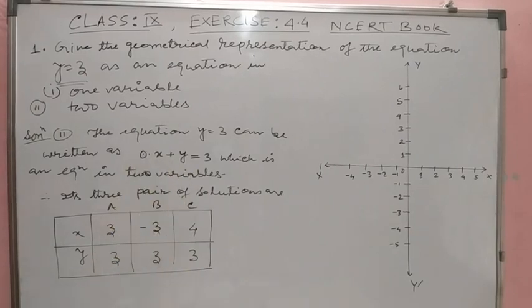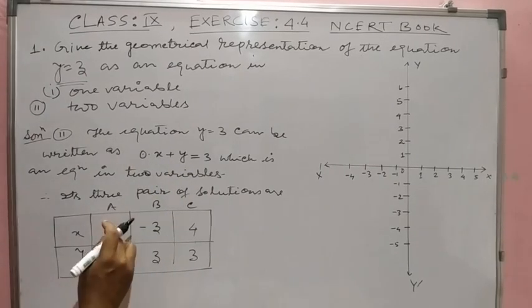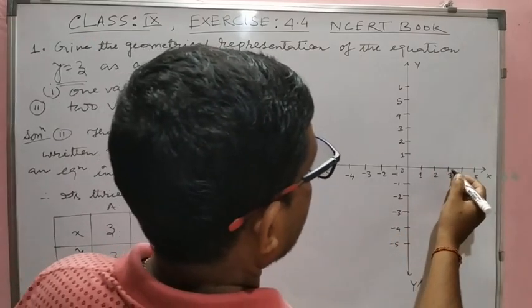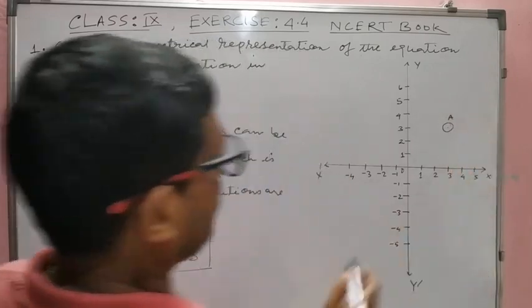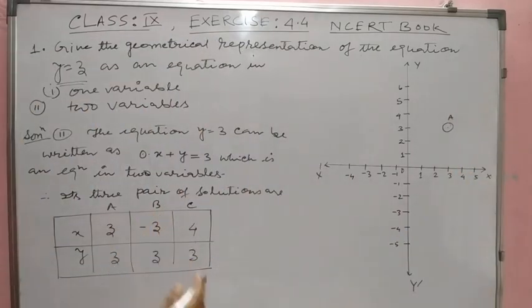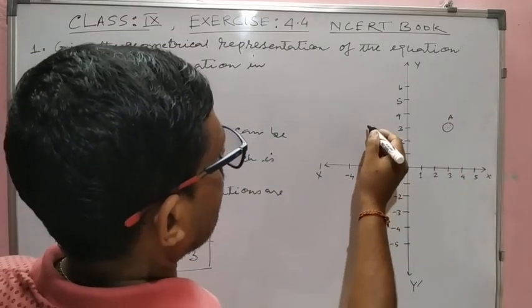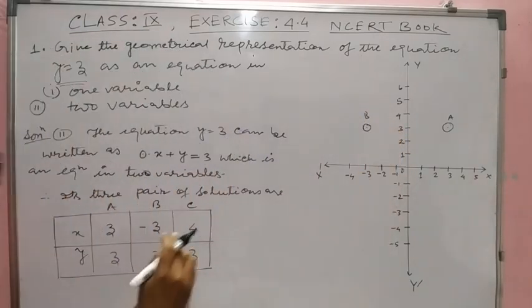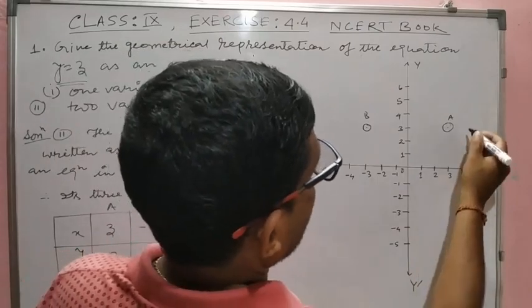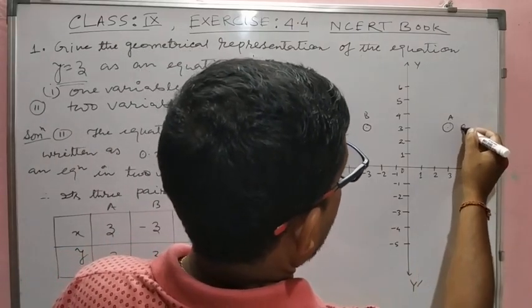Let us plot these points. So first point 3, 3. Definitely it will be here. Then minus 3 comma 3. Definitely it will be this one. Then 4 comma 3. Definitely this one.